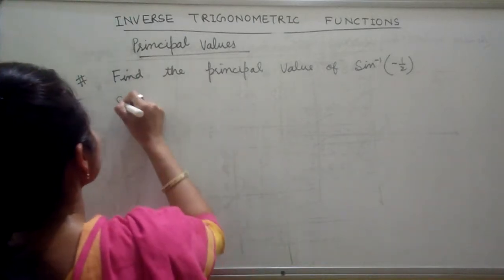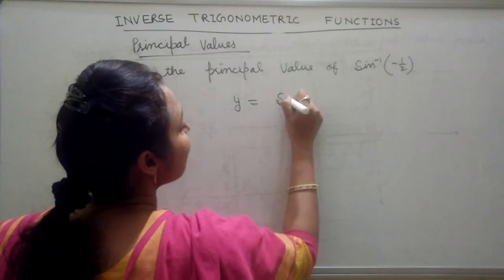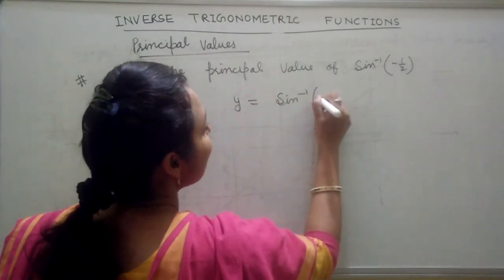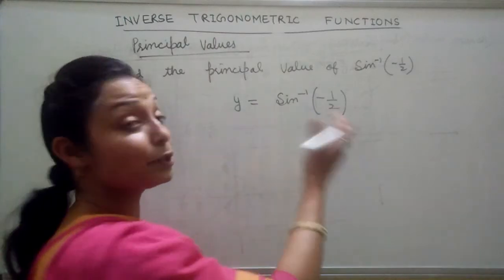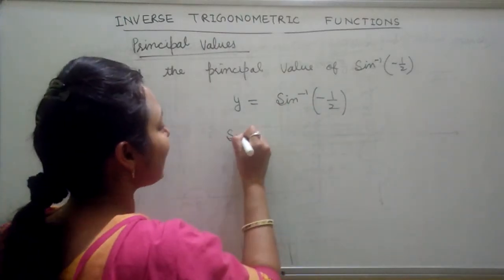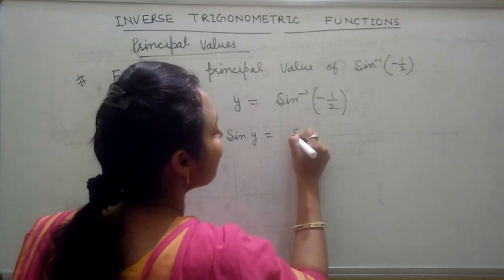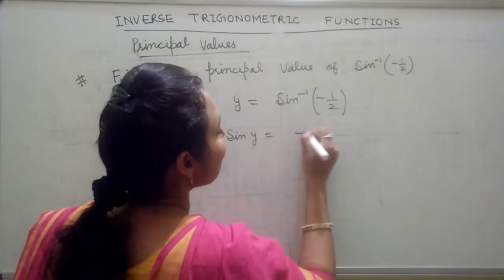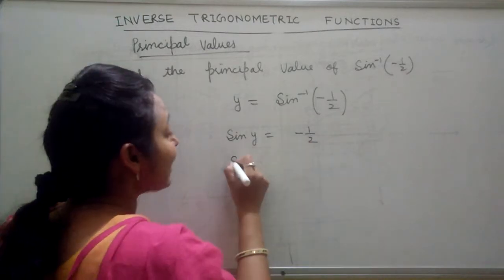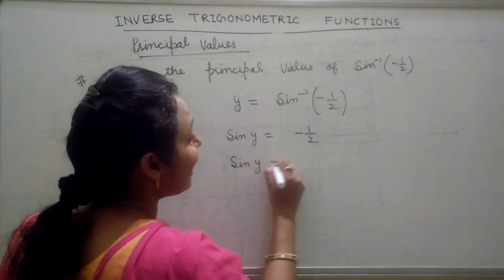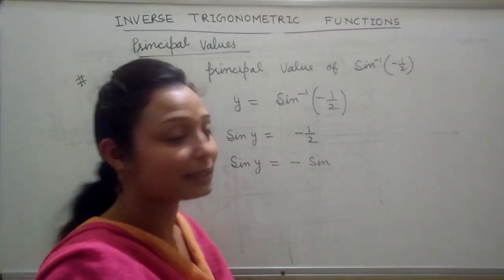First of all, take the solution. Take y equals sine inverse minus 1 by 2. When you apply sine on both sides using the property, we get sine y, and sine cancels with sine inverse, giving sine of minus 1 by 2. At what value do we have sine equal to 1 by 2?